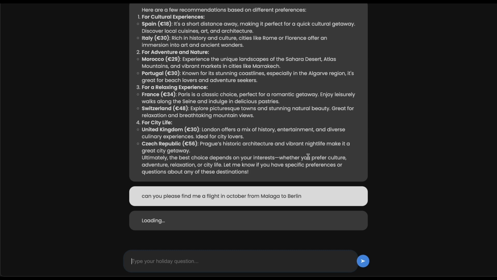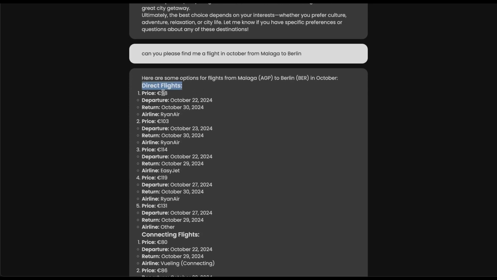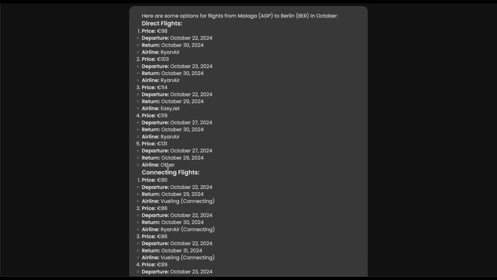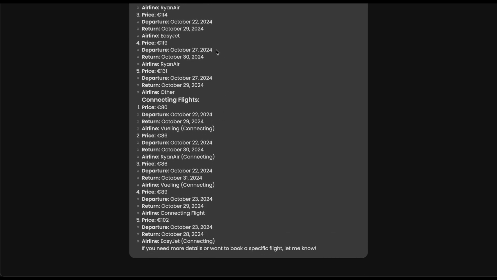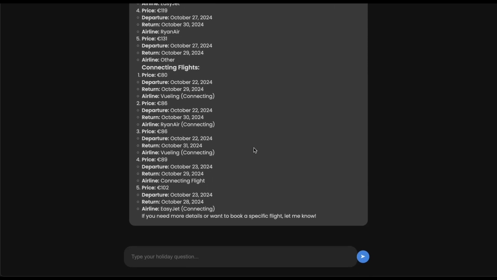And here you have it. You have direct flights for 98 euros from October 22nd, and it even has a return flight on October 30th. They have different prices and different dates, and here you can find the best deals.